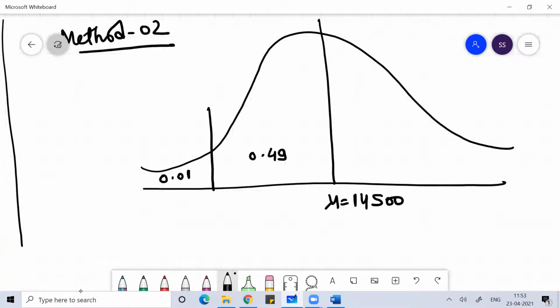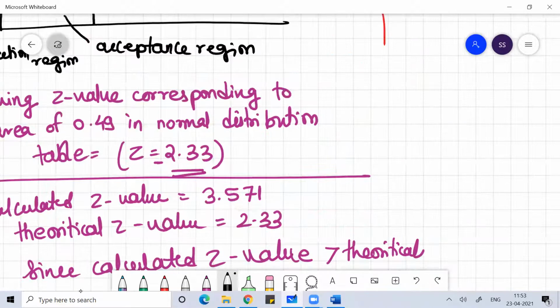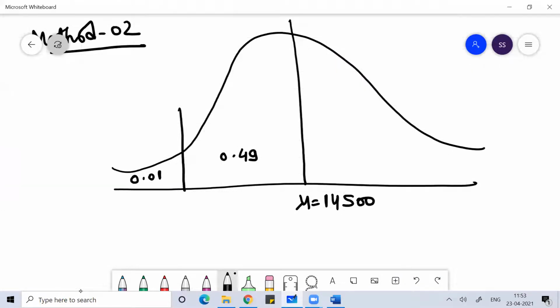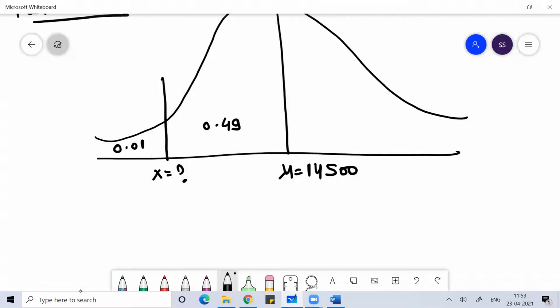That corresponds to what z value? 2.33, right? So the value till where you'll accept the answer is like a barrier. Beyond this you have a rejection region, and this is your acceptance region.